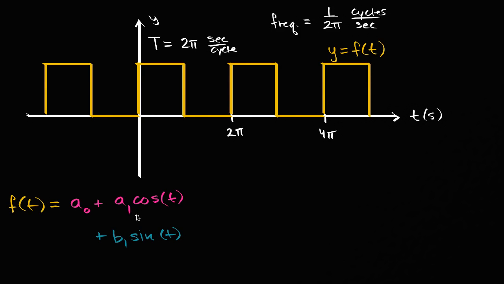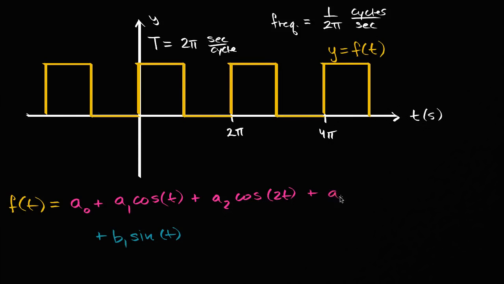And so what we're going to do is add sinusoids of frequencies that are multiples of these frequencies. So let's add a sub 2, another weighting coefficient, times cosine of 2t. This has a frequency of 1 over 2 pi. This has twice the frequency, a frequency of 1 over pi.